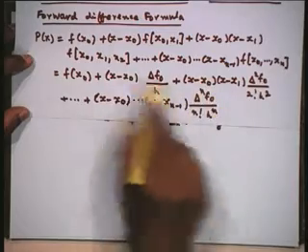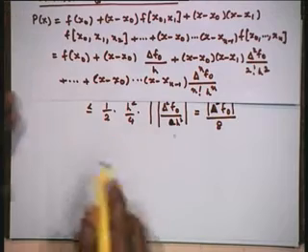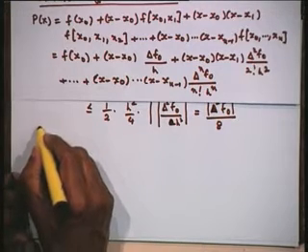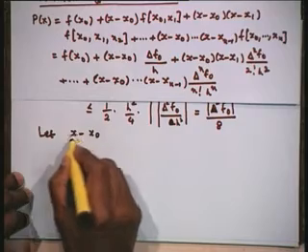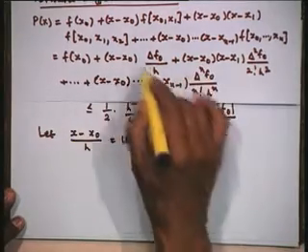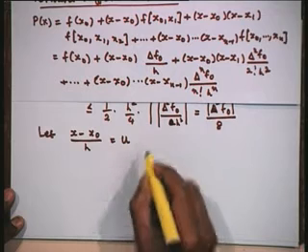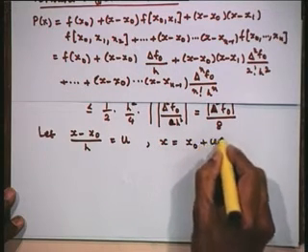So, let us see what simplification we can do here in this formula. Let us put x minus x naught divided by h equal to u. That means, I am setting x equal to x naught plus u h.